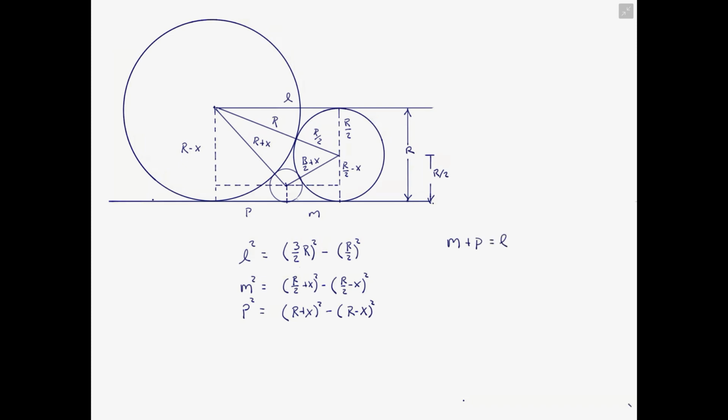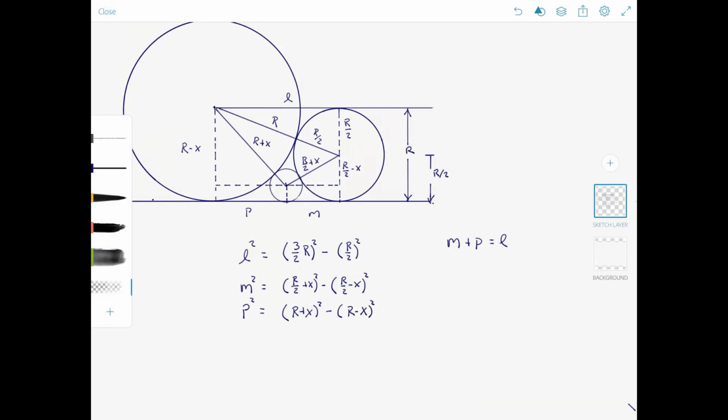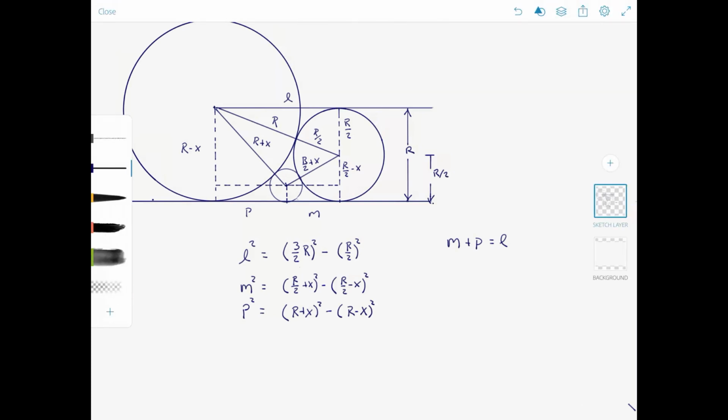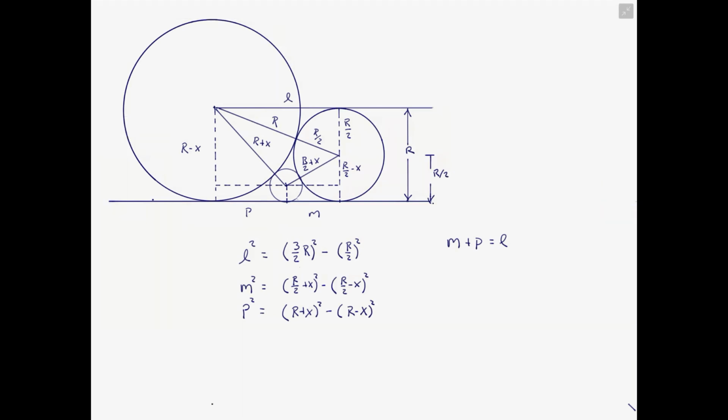So we just throw in our representations for M, P, and L. We have to take square roots, of course, because what we have derived is the Pythagorean theorem, L squared, M squared, and P squared.